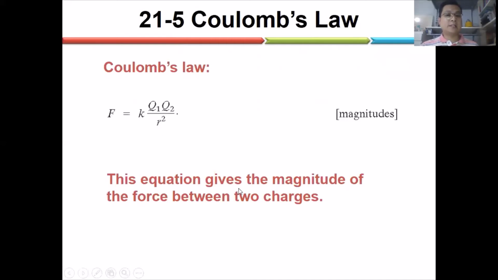K is a constant, R is the distance, and Q1 and Q2 are the charges. So F is inversely related to the distance. With a higher R, we get a smaller force.